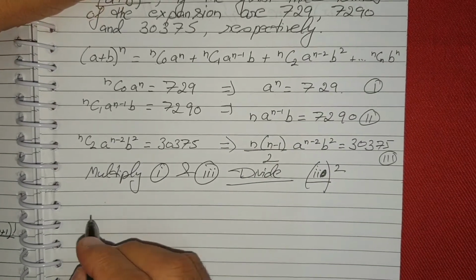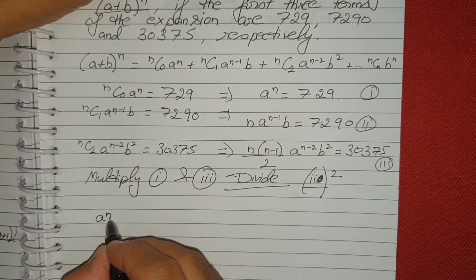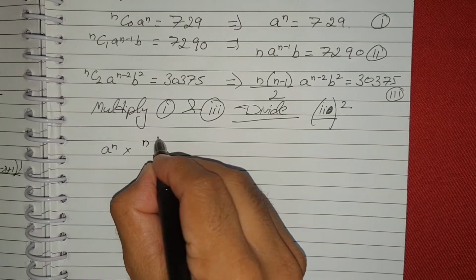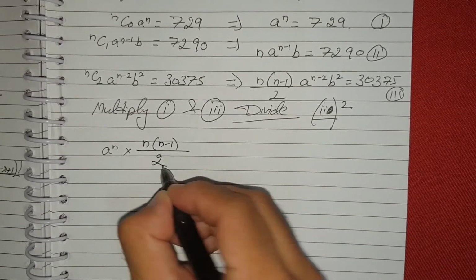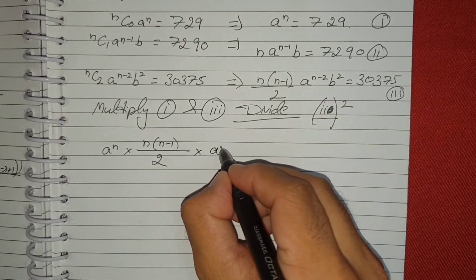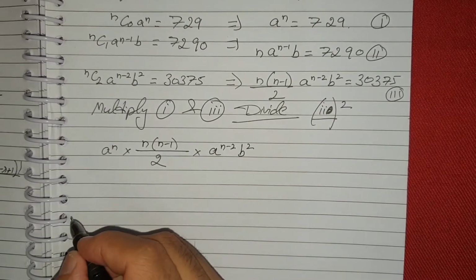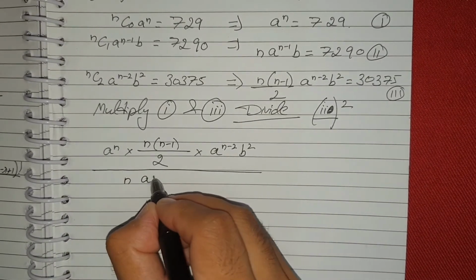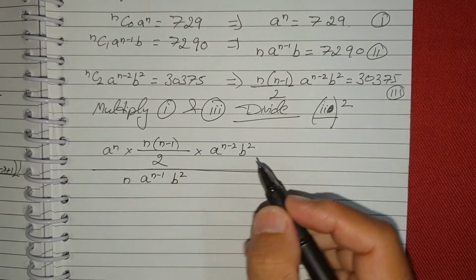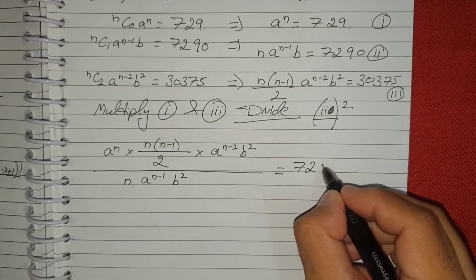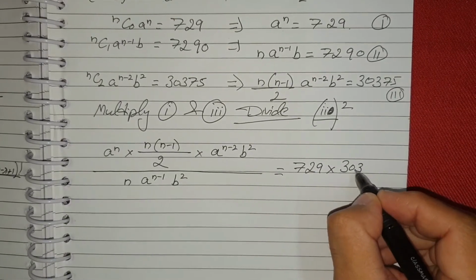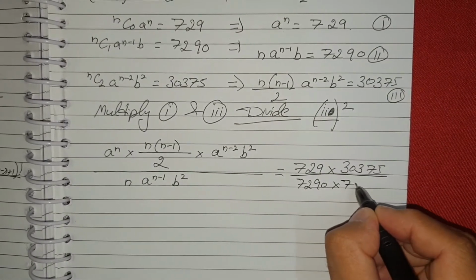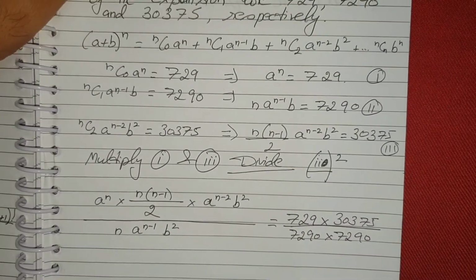So multiplying these two will give me a to the power n into n minus 1 divided by 2 into a to the power n minus 2 b square, upon this will be n a to the power n minus 1 b square, equals 729 into 30375 upon 7290 into 7290, as you can see.